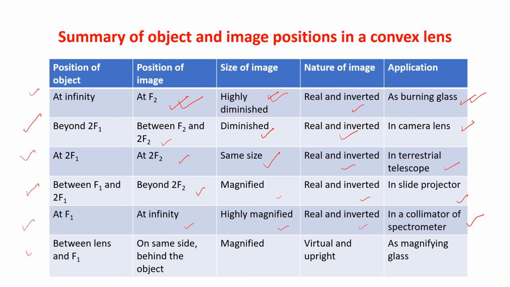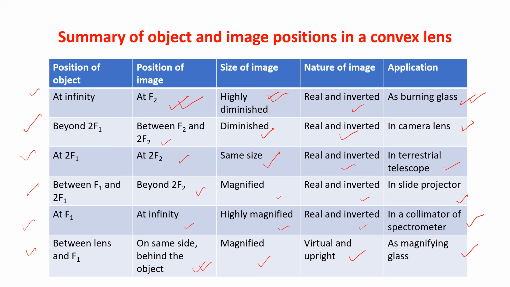Now the last one is, if the object is in between the lens and the focus f1, then the position of the image is on the same side behind the object. Size is magnified. Nature of the image is virtual and upright, and the application is in a magnifying glass.